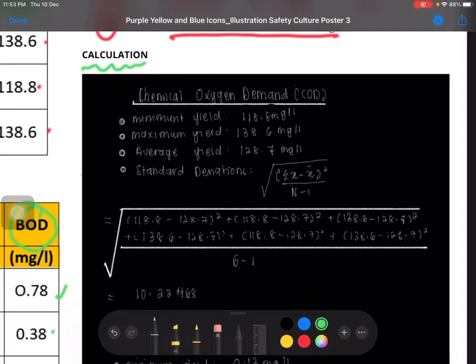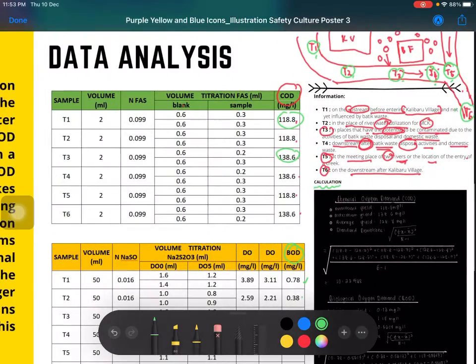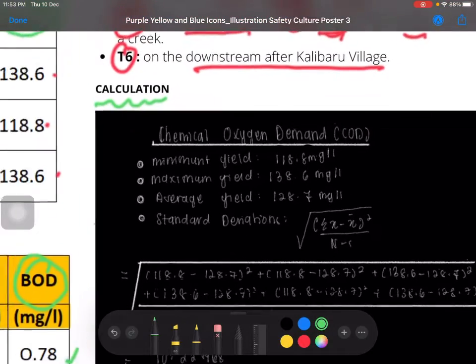So the calculation is about the data analysis process, which is a statistical data analysis used for pollution index calculation. So for COD, from the data we can get the minimum and the maximum yield.